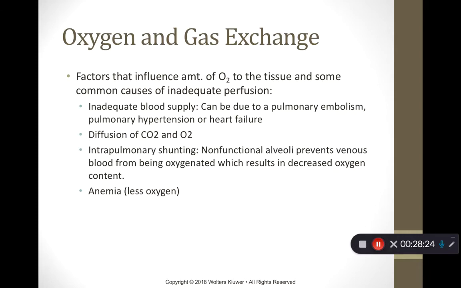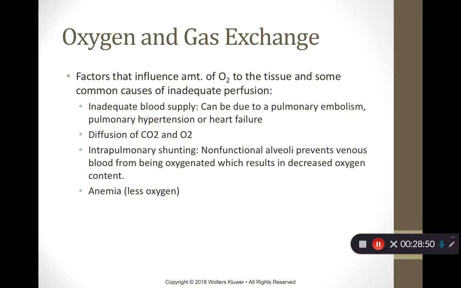So here are some factors that influence the amount of oxygen to the tissue and some more common causes of inadequate perfusion. Perfusion is the passage of blood, basically the way the blood is flowing, right? So inadequate blood supply can occur, and that can be due to a pulmonary embolism, as I said before, pulmonary hypertension or heart failure.